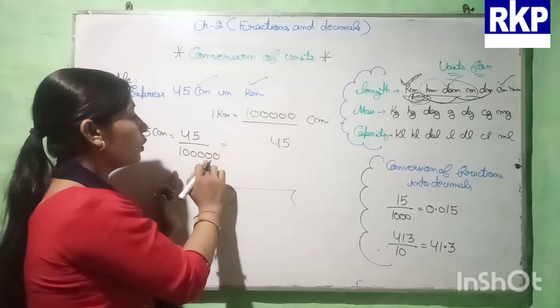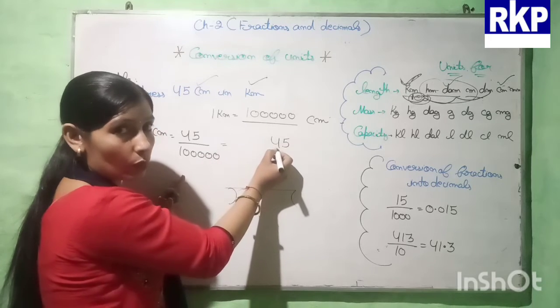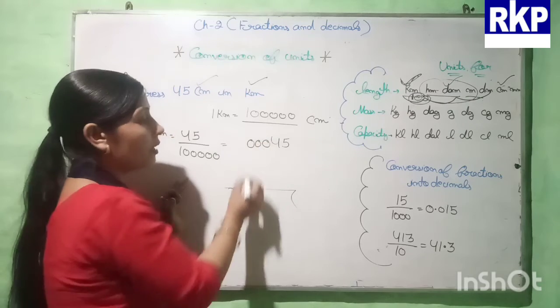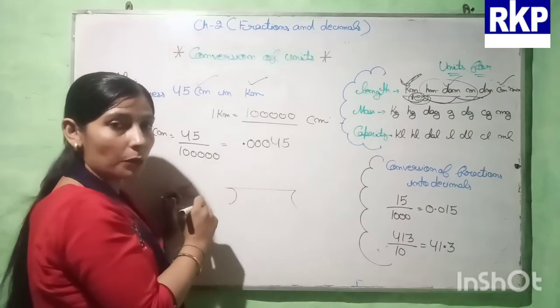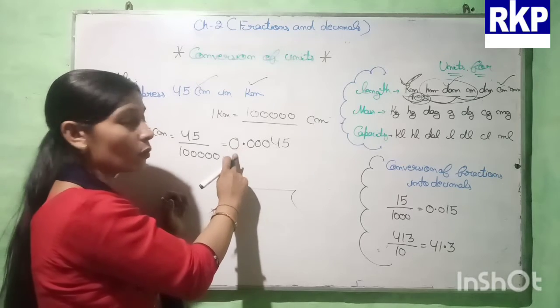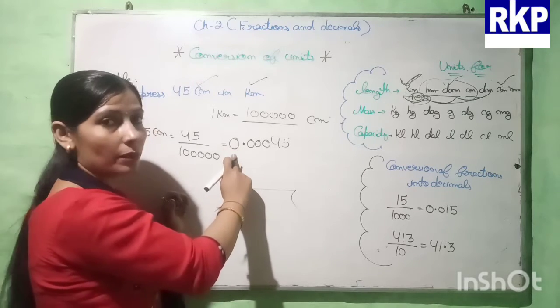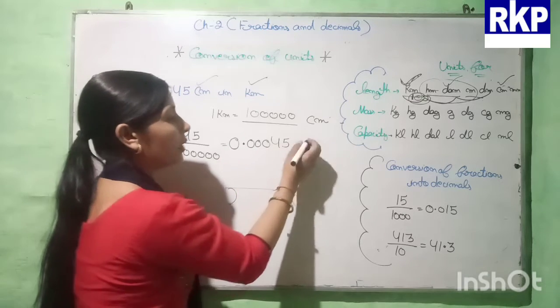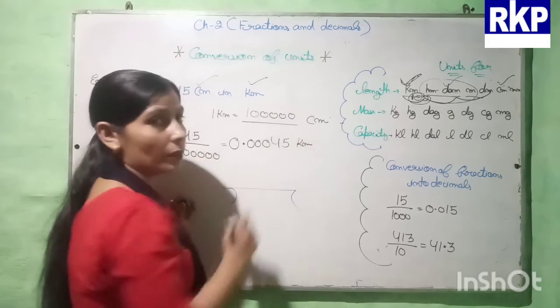Here only 2 digits, so here we will write 3 zeros, and then we put the decimal point, and then we will write 0, because before this decimal point we don't have any digit. So 0.00045 kilometer will be the answer.